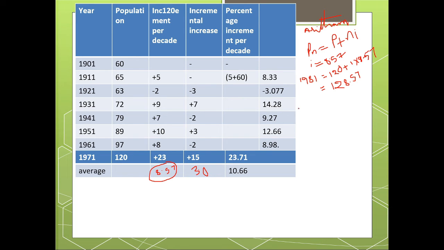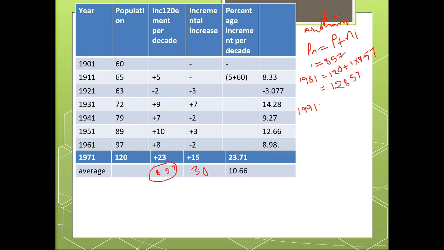If you want to find out the population in 1991, from 1971 to 1991, how many decades are there? 2 decades.